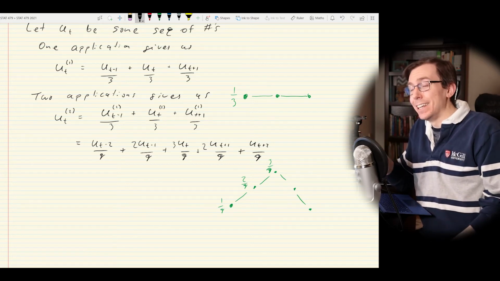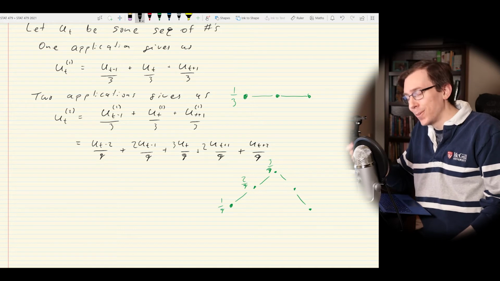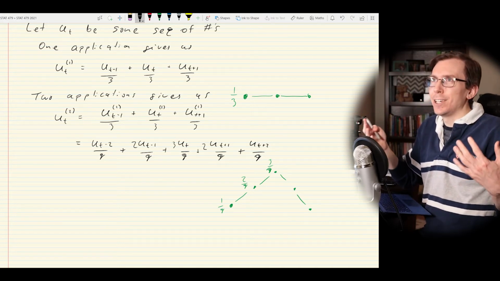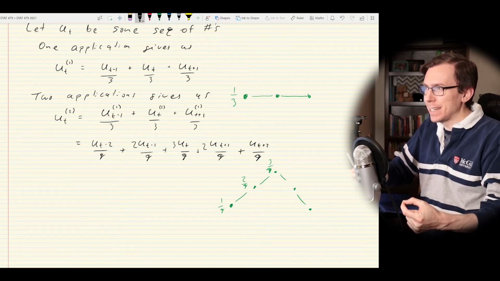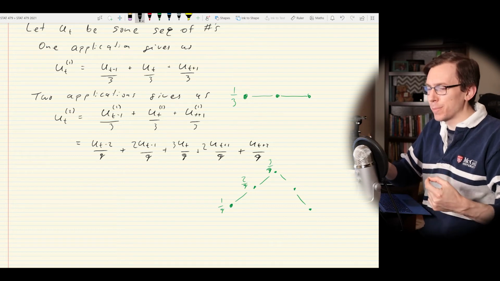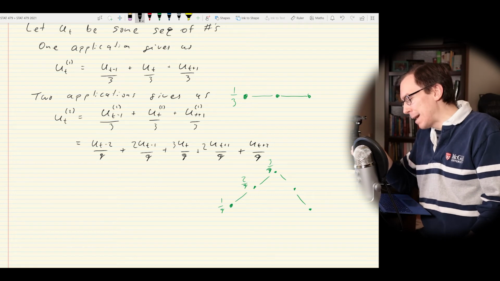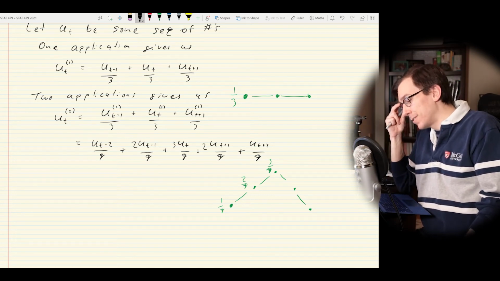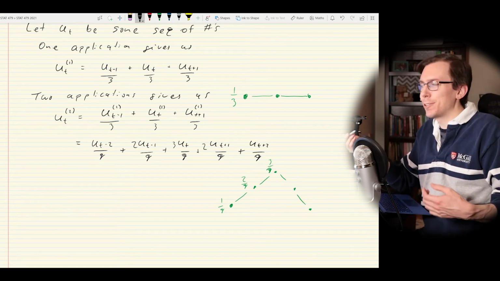If I add another uniform, I get something that looks piecewise quadratic, and then piecewise cubic, and so on, as I keep convolving the uniform distribution with itself. The same idea happens here. We're basically doing a discrete type of convolution, so we go from something that looks constant to linear to quadratic and so on.